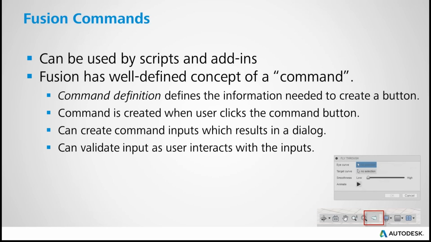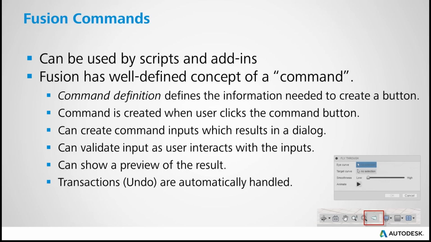Then you connect up to some other events associated with the command, and those events allow you, as a user is interacting with the dialog, to get input every time they change some value. You get an event to let you validate if everything that's required has been provided, and that determines if the OK button is enabled or not. You get an event so you could actually show a preview of the result if you want.